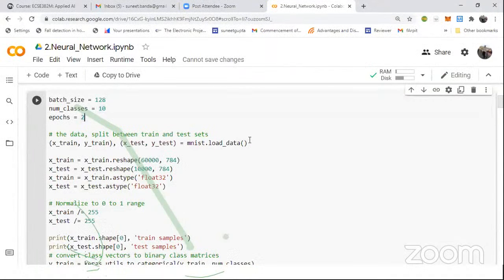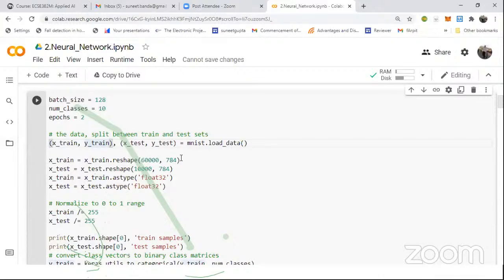Now the next line. In this line, our data set is available in the cloud. After execution of this line, the data is divided into 2 parts: the test part and the train part. Here you can see 2 things with respect to training data: one is holding the data, another is holding the label.